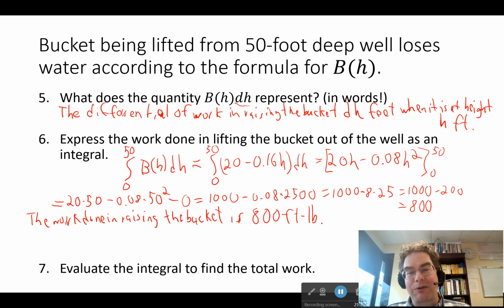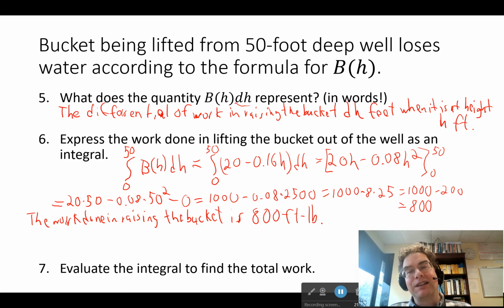In some of the other problems we've looked at, you could just as easily interpret either way as the force changing or the distance changing. This one here, I think really there's one clear natural interpretation, the one we just described.